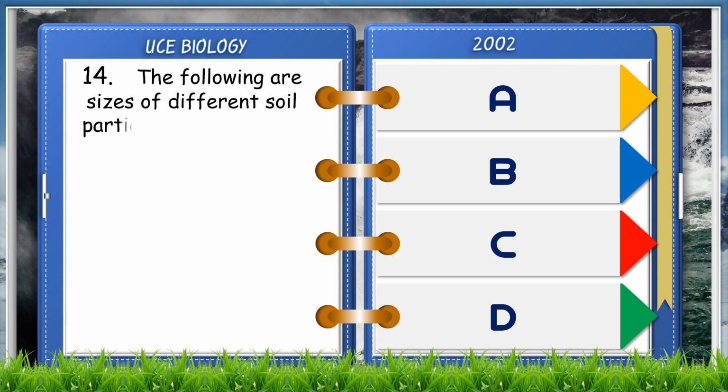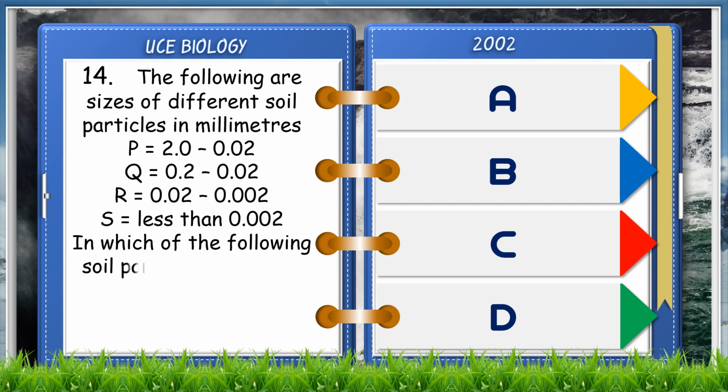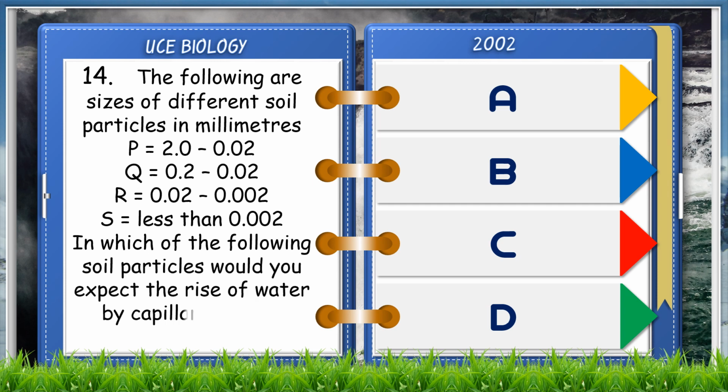The following are sizes of different soil particles in millimeters. P. From 2 millimeters to 0.02 millimeters. Q. From 0.2 millimeters to 0.002 millimeters. R. 0.02 millimeters to 0.002 millimeters.